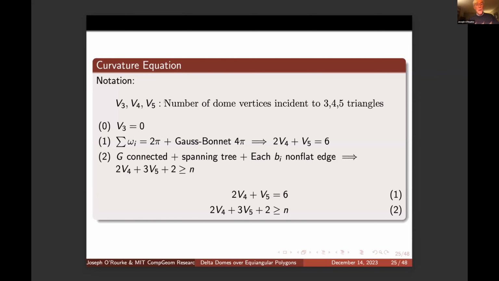So the dome is made up of vertices and equilateral triangles incident to those vertices, and we're just counting how many have just 3, how many have 4, etc. So for example, this square prism has one vertex of type V4, so V4 equals 1, because there are 4 incident triangles to the apex, and we're only talking about the dome vertices, not the base vertices.